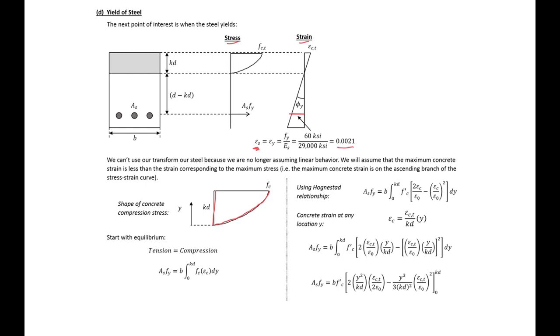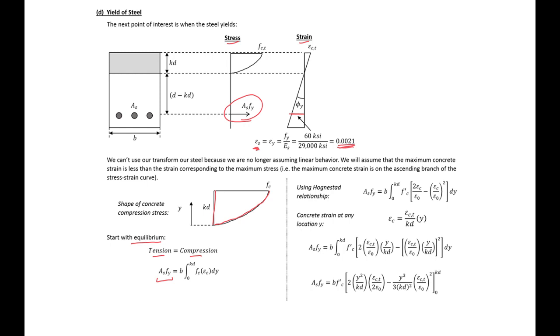The first thing that we'll do is start from equilibrium, and we'll set our tension equal to compression. Our tension component, we just have our steel in tension, so our tension is equal to As Fy. We know that our steel is yielded because that's the point that we're looking for, so we can use Fy here.